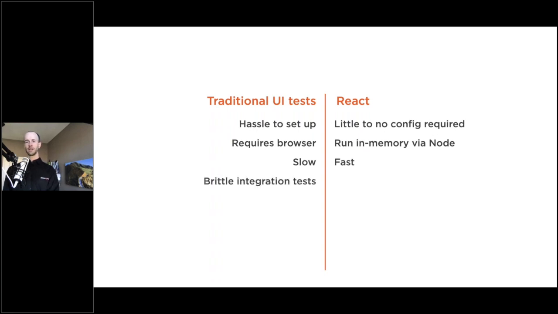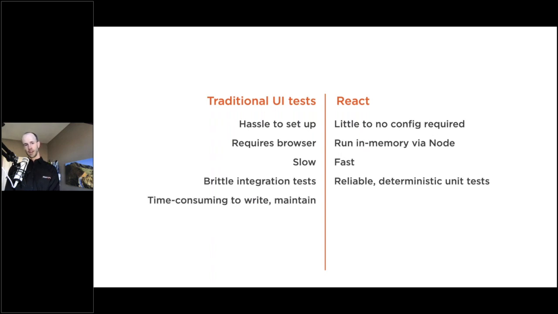Often UI tests end up being brittle, but if you are testing single React components in isolation, then they're going to be reliable and deterministic because you're testing pure functions. Traditional end-to-end UI tests can be time-consuming to write and maintain, but if you are doing unit tests on React, then you can write those quickly and update easily.